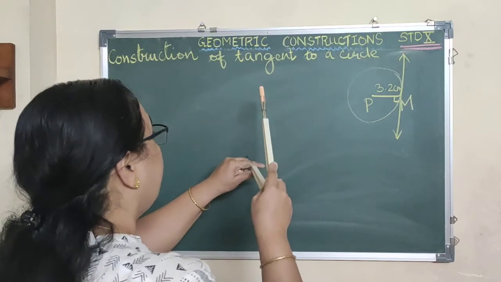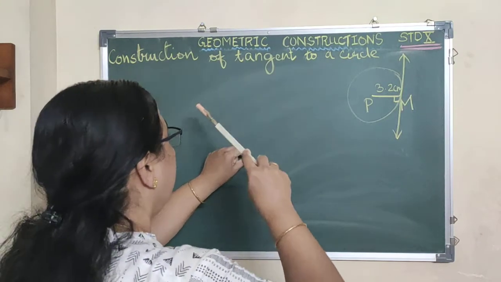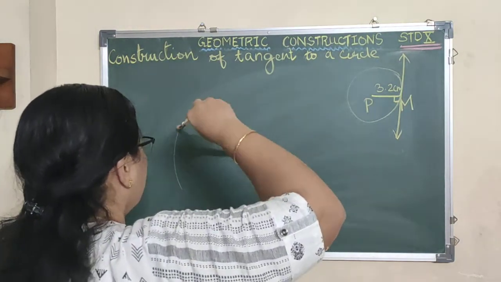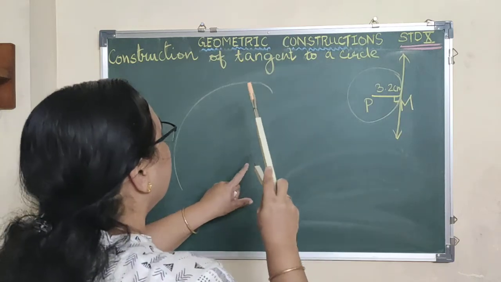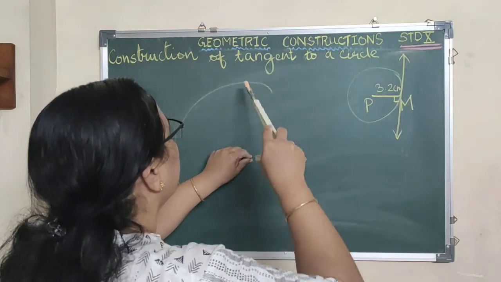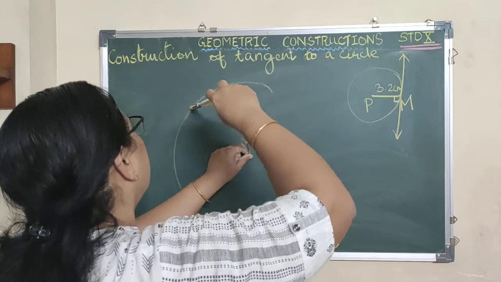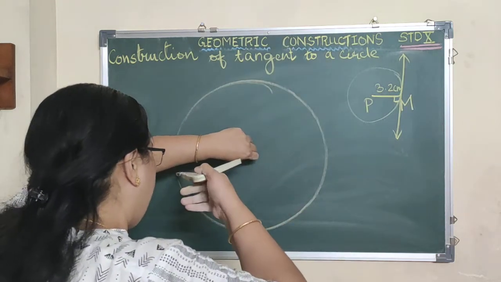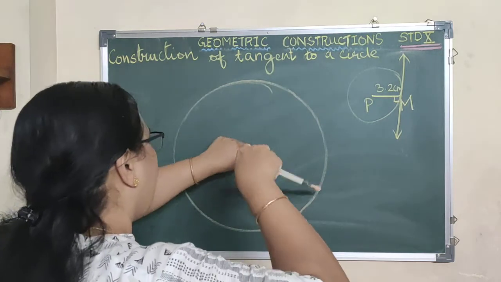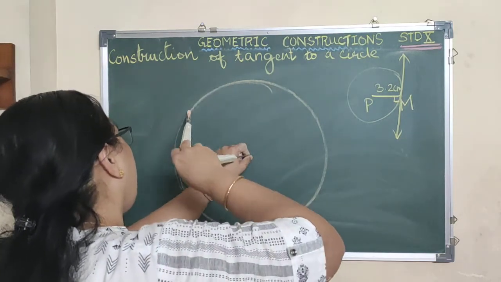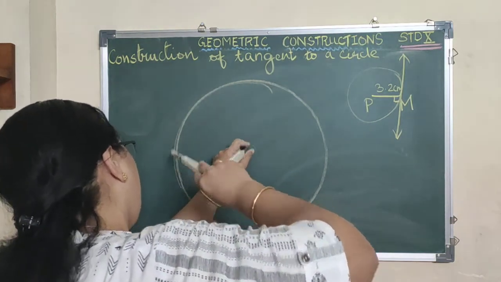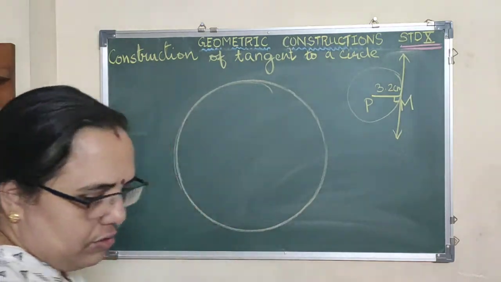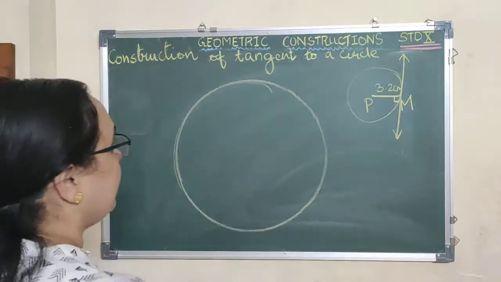So here we have the center P and we draw the circle. Yes. So here I have a circle with center P.